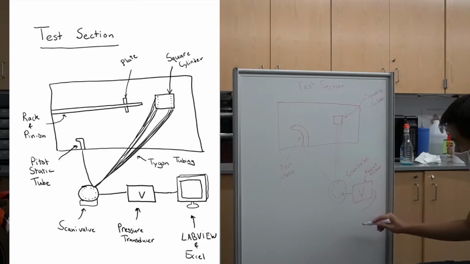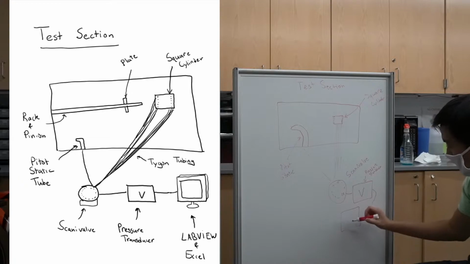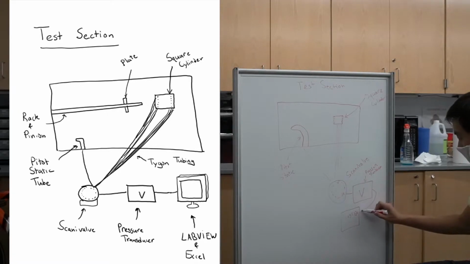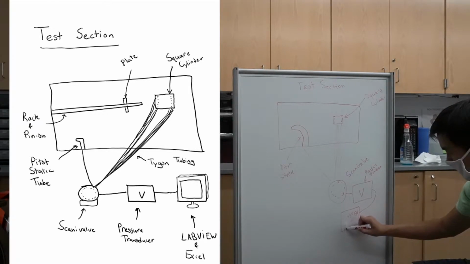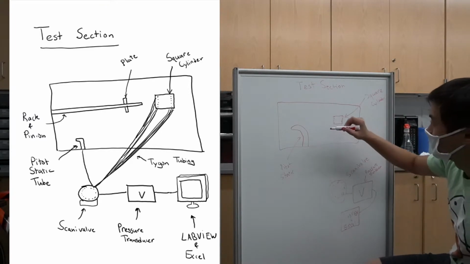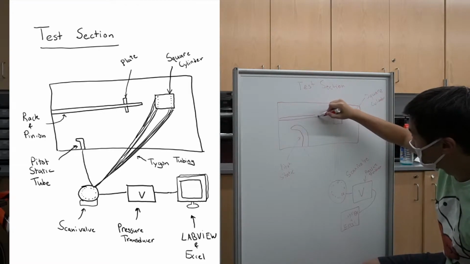From the pressure transducer, that was sent to software, which we controlled through LabVIEW, which recorded all of our data into an Excel sheet. So LabVIEW and Excel. Also in our test section, we had a rack and pinion system.